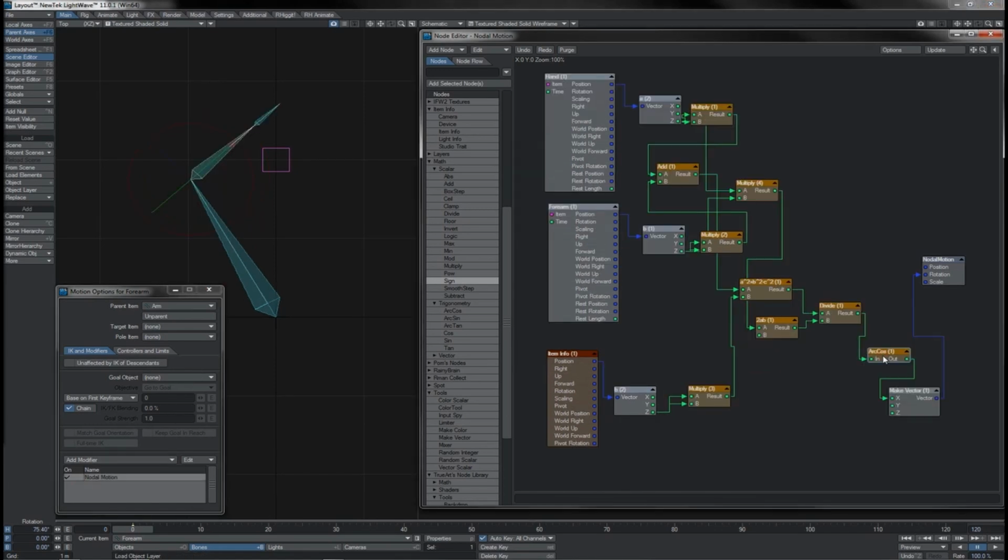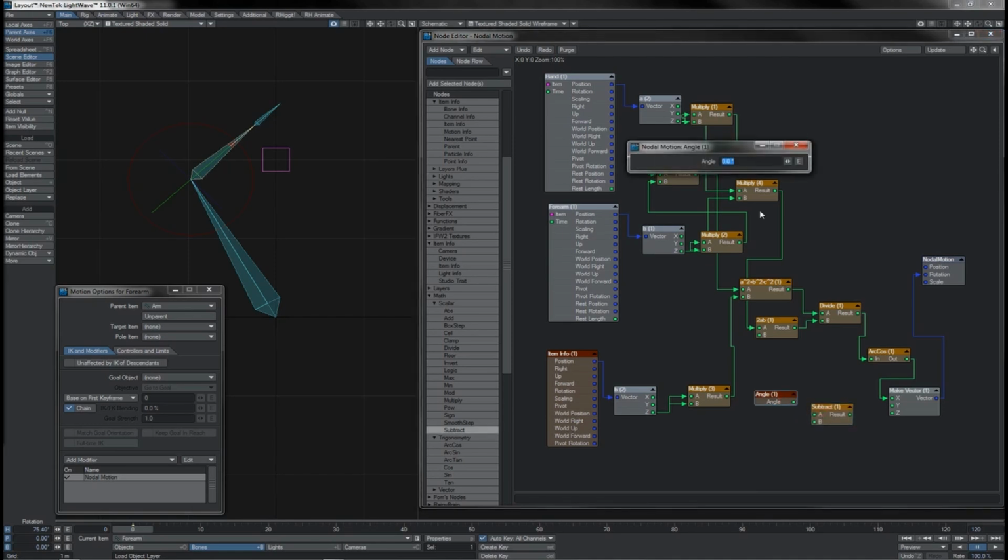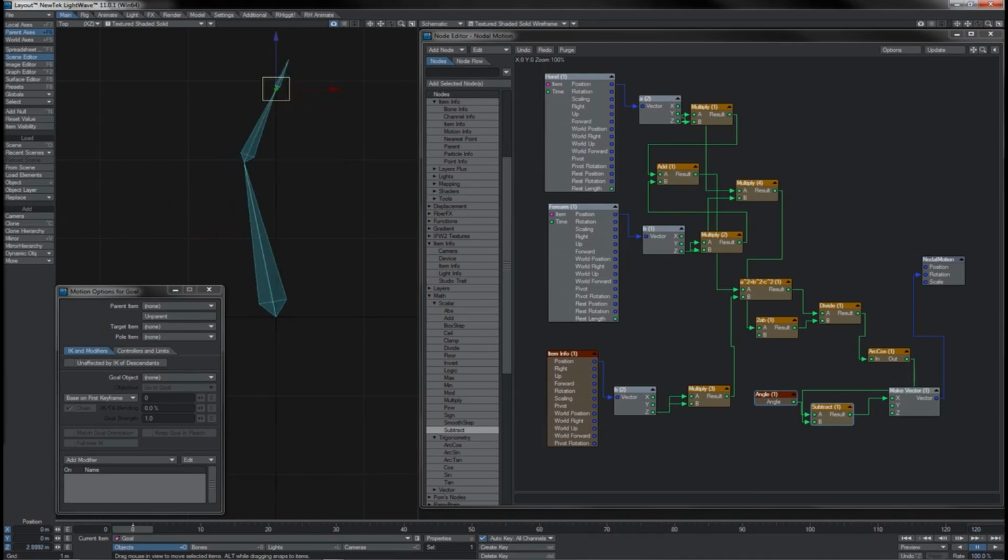We want to find the angle, not the sine, cosine 0 to 1 value. And so of course that angle is coming out of arc cos here. So I can take constant angle, a scalar, subtract, enter 180 degrees minus whatever this result was, and plug that in. Bingo. And now, when I move the null on Z, our thing works.